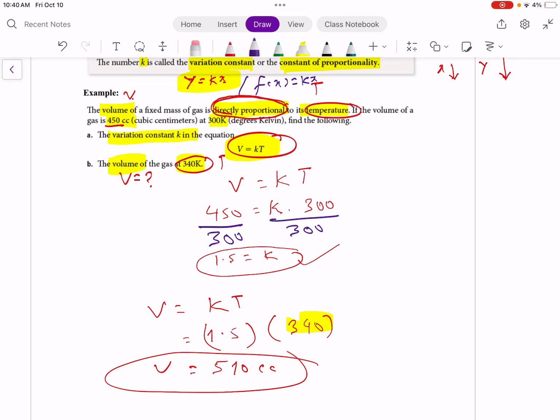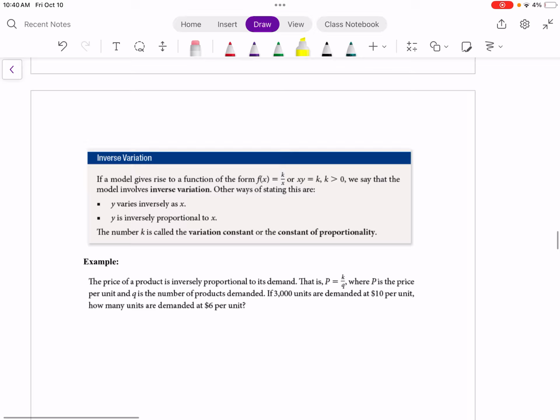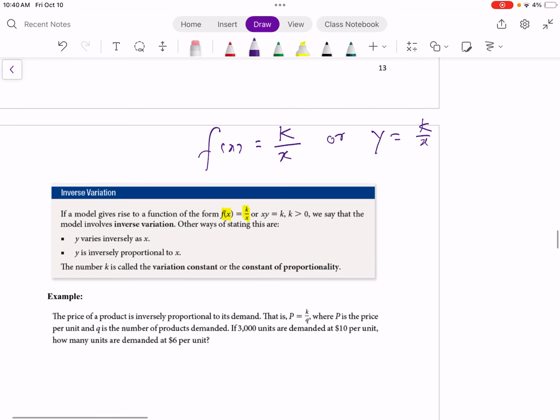Now next we have inverse variation. In inverse variation, if our function f of x equals k divided by our input x, or y equals k over x, then this model is not linear, but it involves inverse variation.